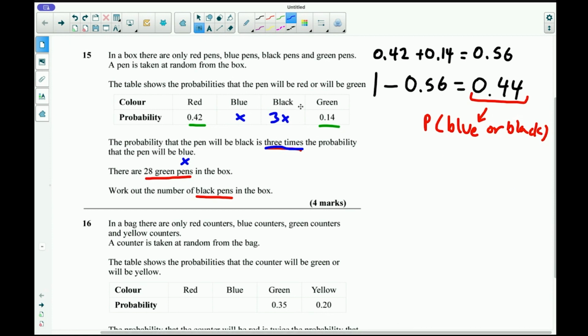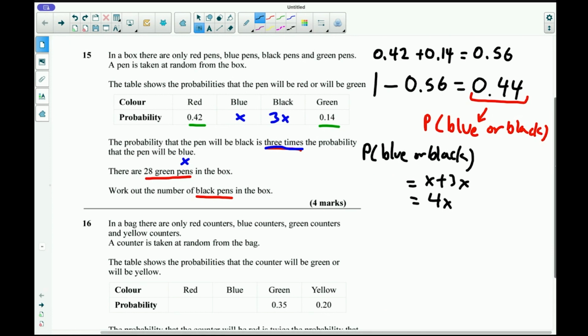So we know that the probability of blue or black is X plus 3X, which is just 4X.